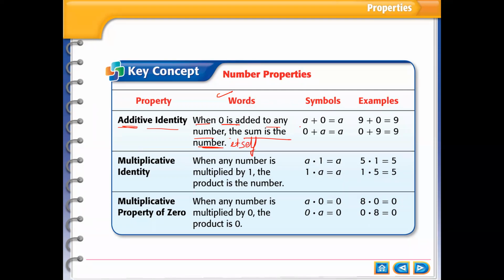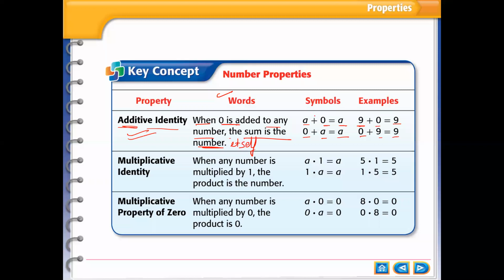For example, if I have added 0 to A, I will get A. A plus 0 is A, and 0 plus A is also A. For example, 9 plus 0 is 9, and 0 plus 9 is also 9. Is it clear? So this property is called additive identity.